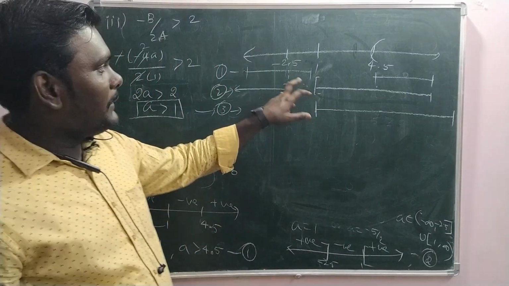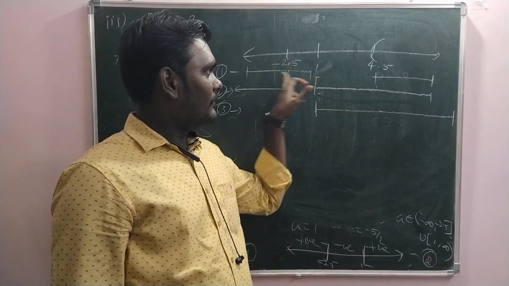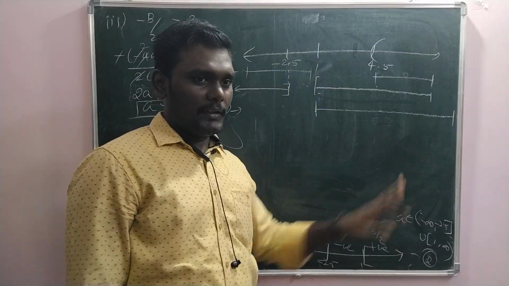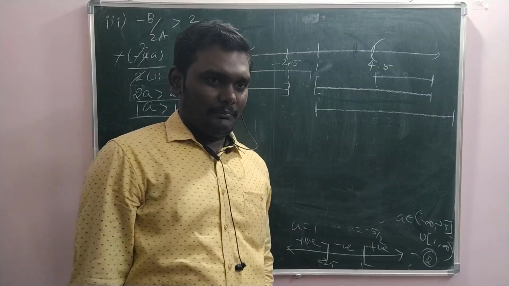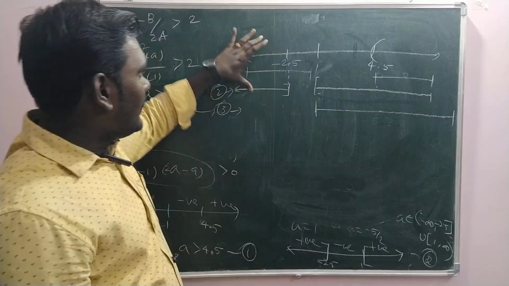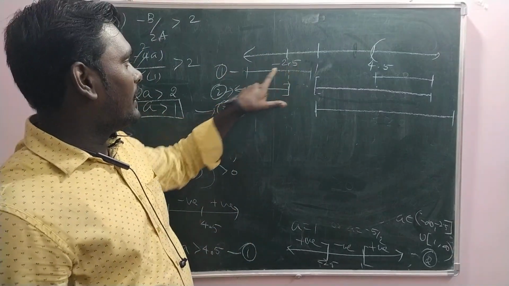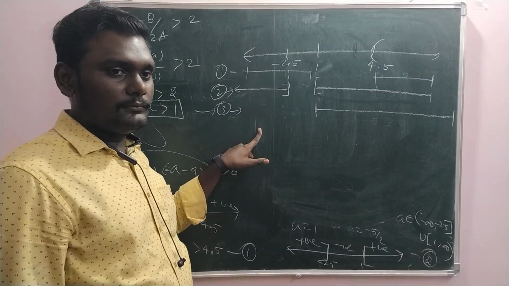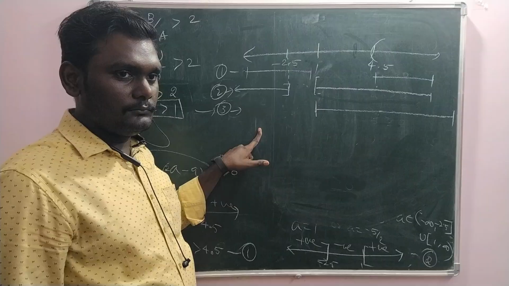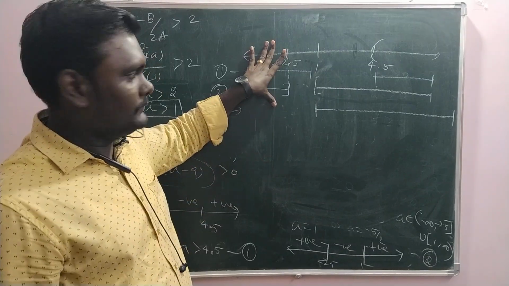If we have different colors, put 3 different colors for this: 1 different color, 2 different color, 3 different color. In a particular interval, all the 3 things should be satisfied. Look at this interval, minus infinity to minus 2.5: 1 satisfied, 2 satisfied, 3 not satisfied, out.